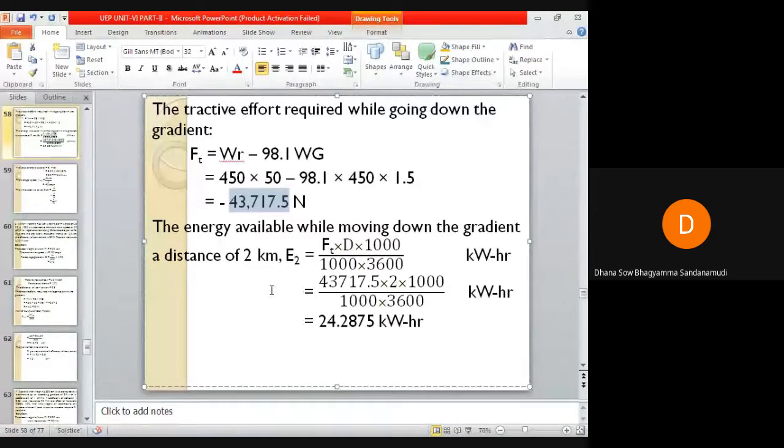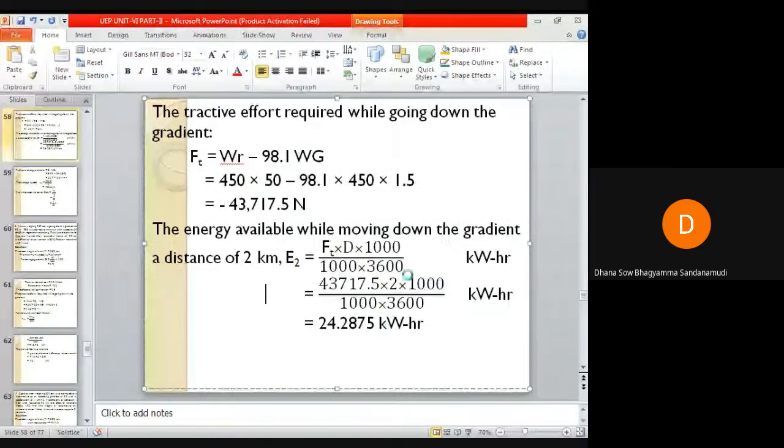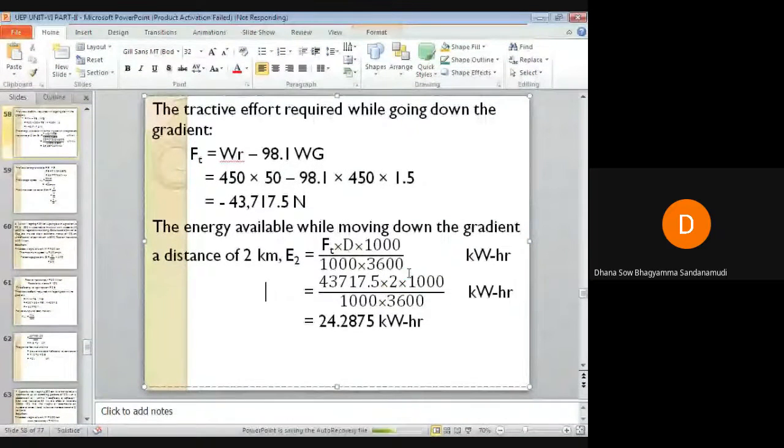43,717.5 newtons. So the energy available while moving down the gradient for a distance of 2 kilometers, let us assume it as E2. E2 is equal to Ft into D into 1000 by 1000 into 3600 in kilowatt hour. Substitute the Ft value, 43,717, and the distance traveled, 2 kilometers, in the above formula.